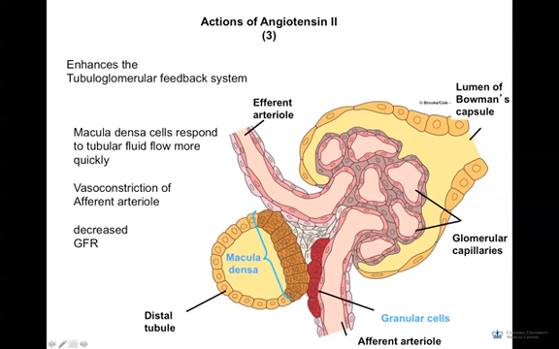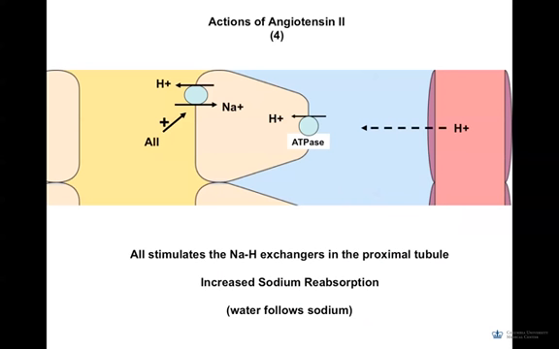Now, angiotensin II's effect on the tubuloglomerular system is to actually trick this autoregulation system into thinking that GFR has gotten too high. So angiotensin II tricks this system, enhances the sensitivity, so that the net effect is a drop in GFR. Okay? So drops GFR through that tubuloglomerular system.